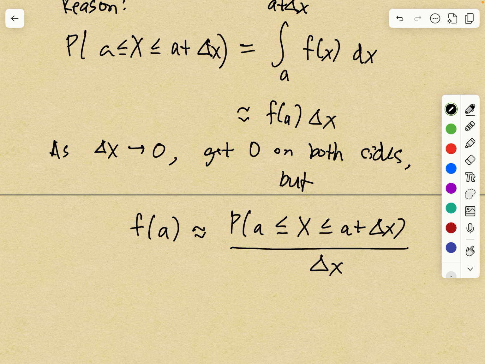So that justifies how we can think of f of a as approximately the probability that x is equal to a.